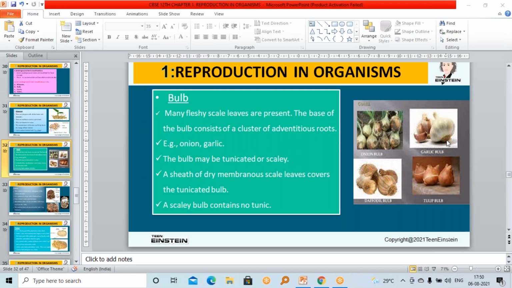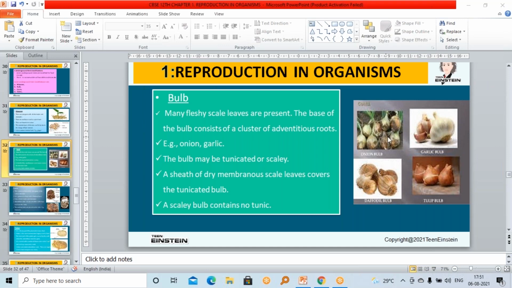And many scale leaves that are fleshy are present. You can see the layer-like structure in onion, right? And at the base of the bulb, just think about onion, a cluster of adventitious roots are present. You can see this under onion or garlic.